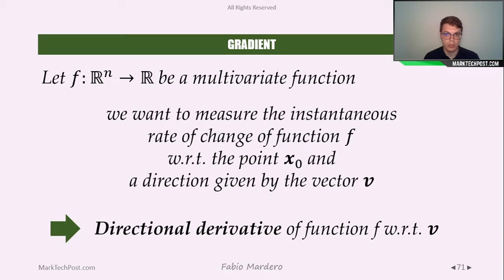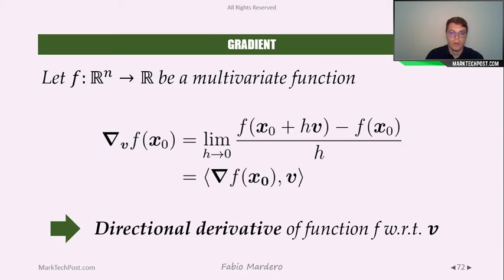Now we want to compute the measure of instantaneous rate of change, but using a specific direction given by a vector. So what we want to compute here is a directional derivative of the function f with respect to the vector v.